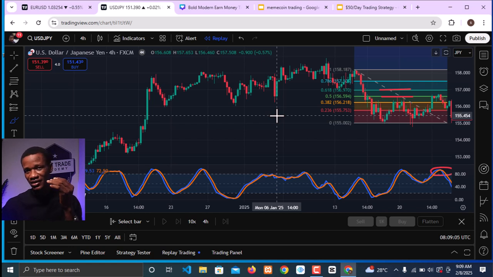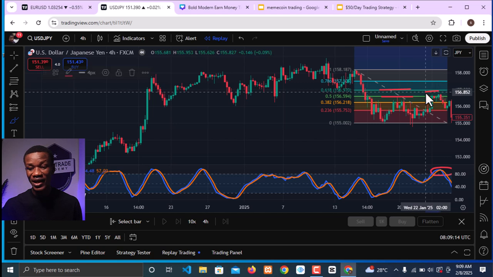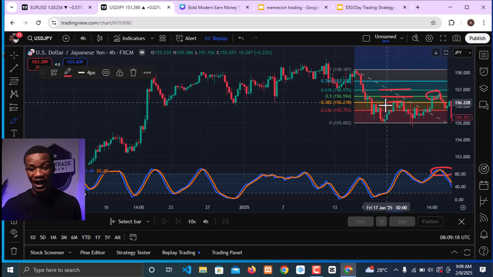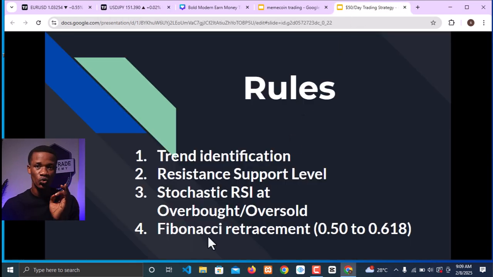So these are the two areas we are paying attention to in this very strategy. And that is why we will take this very one as a trade signal for us and not this one, because it does not align with rule number 4. So we want to follow this rule strictly to ensure that we enter the right trade.